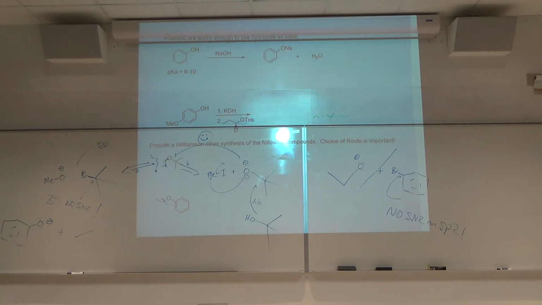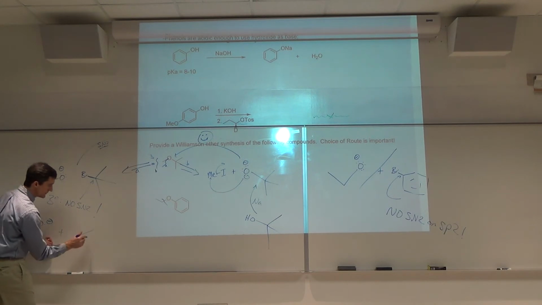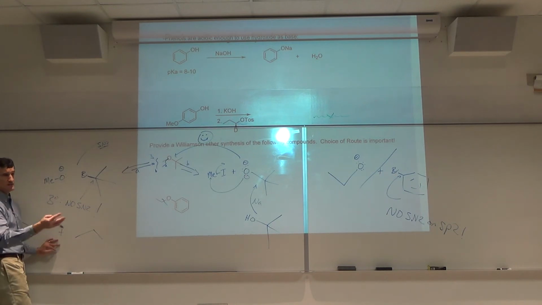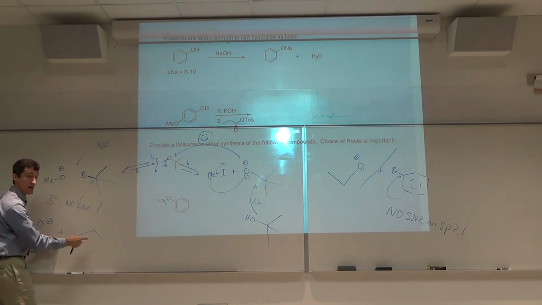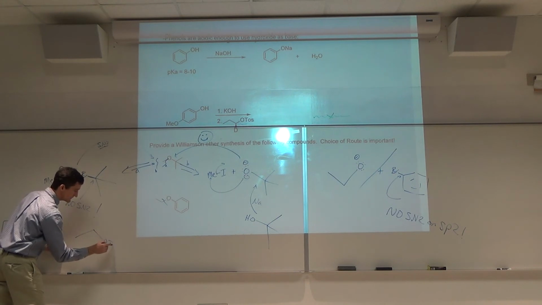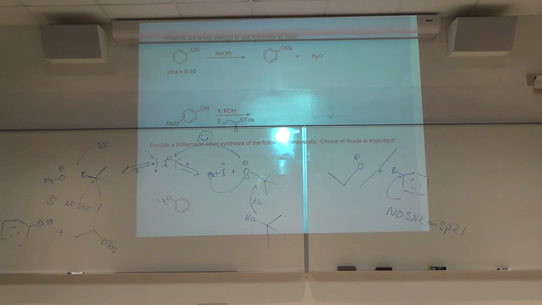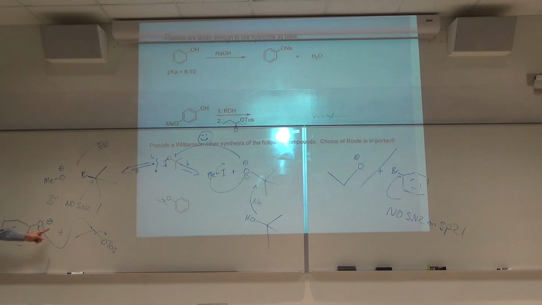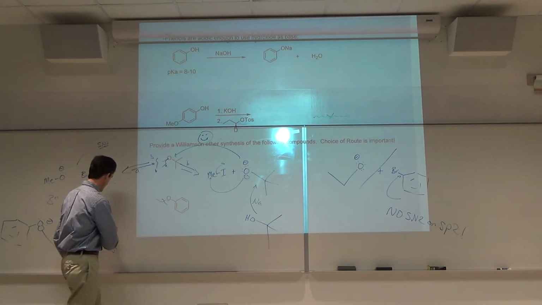No. You need a leaving group. You can't displace an H. That's not a leaving group. Iodine, bromine, even chlorine. Tosylate? Yes. How about we just say tosylate? Boom. Pick that guy off. Make the O-carbon bond. There you go.